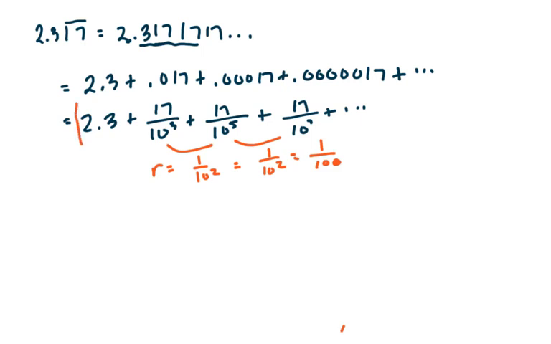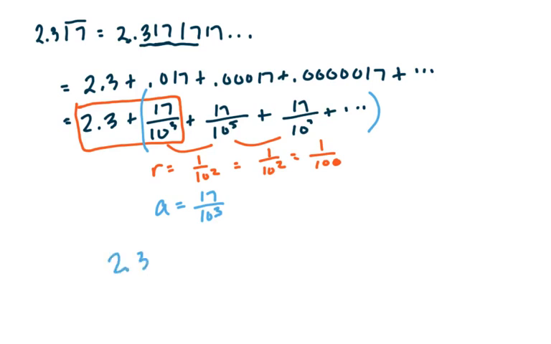But the problem is we start multiplying after this term. So the geometric sequence really starts here. So if we start with A is 17 over 10 to the third, and our R is that, then if we want to find the sum of the series, we would add the 2.3 at the beginning. So what we really have is it says to write it as a ratio of integers.